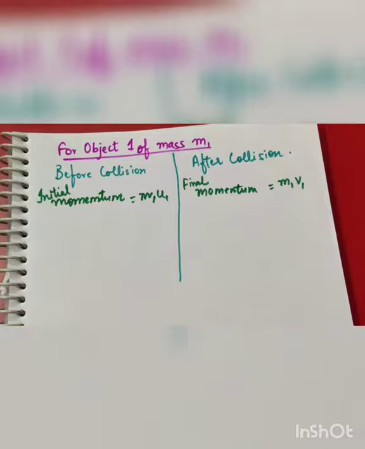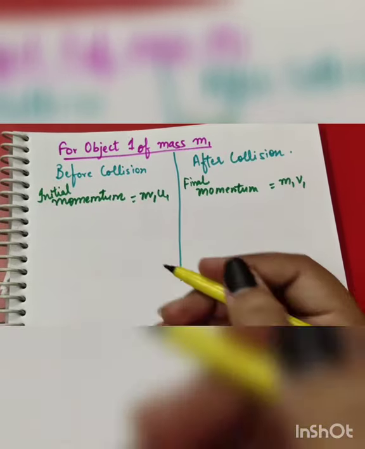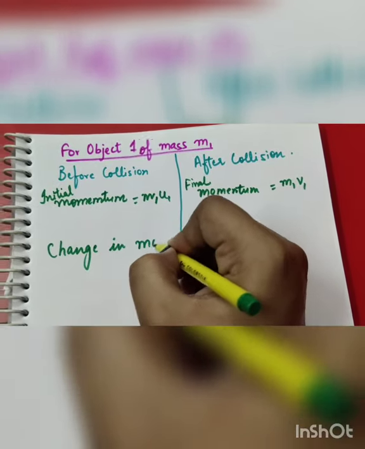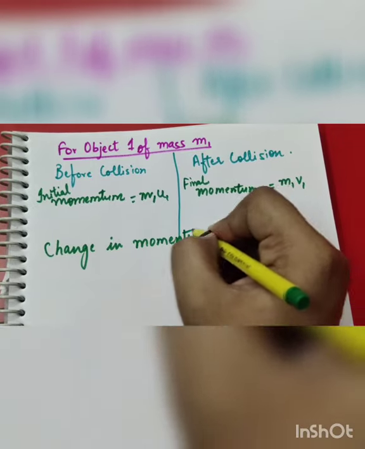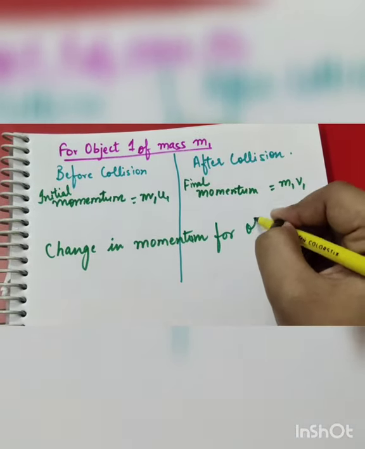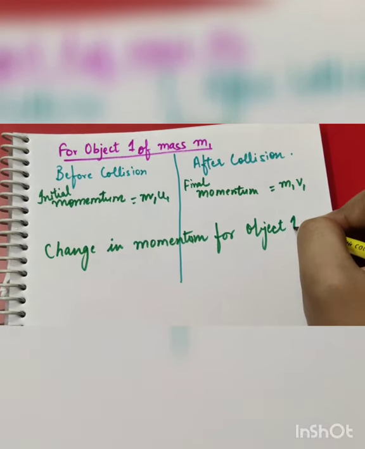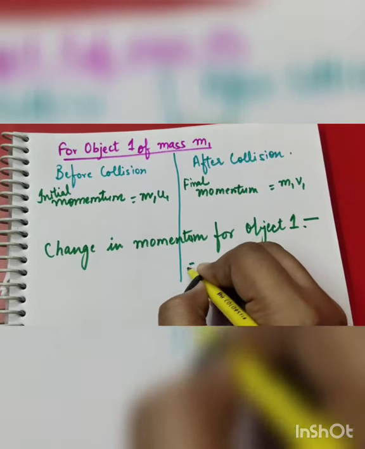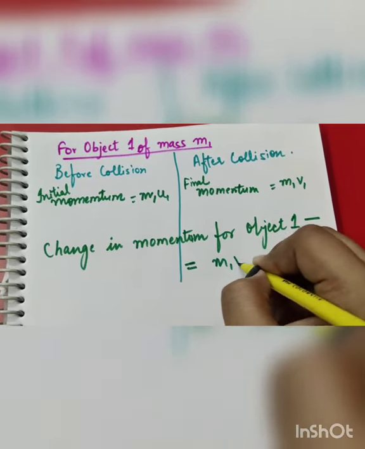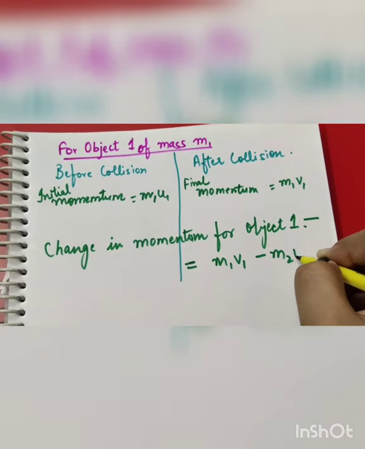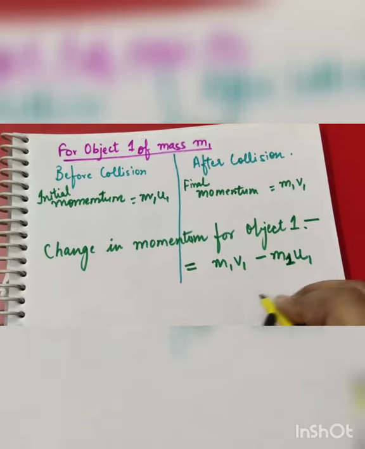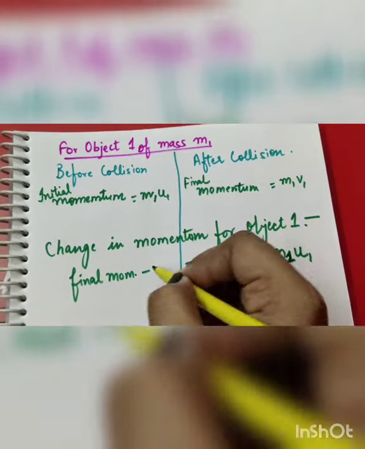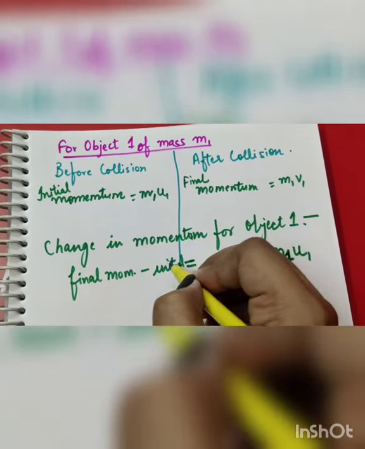Similarly, if I want to find out the change in momentum for object 1, this change will be equal to m1 v1 minus m1 u1, that is final momentum minus initial momentum.